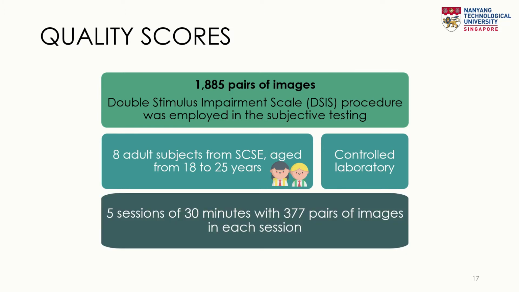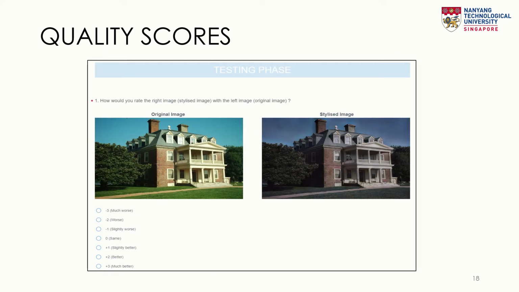The 1,885 pairs of images were broken down into 5 sessions of 30 minutes each with 377 pairs of images. Each evaluator was given the same pairs of images, and there was no overlap of images across the different sessions. This is the testing phase interface, where an evaluator was required to rate each stylized image with one of the 7 options ranging from much worse to much better.